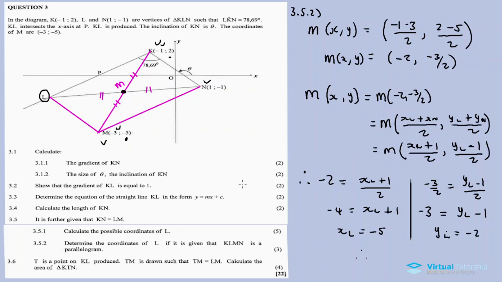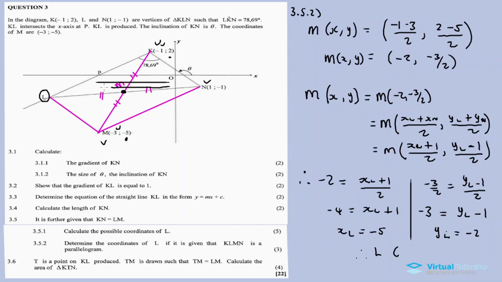So therefore the coordinates for L are what? Interesting.